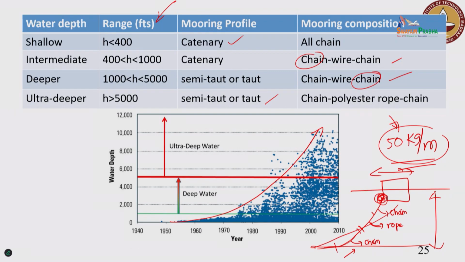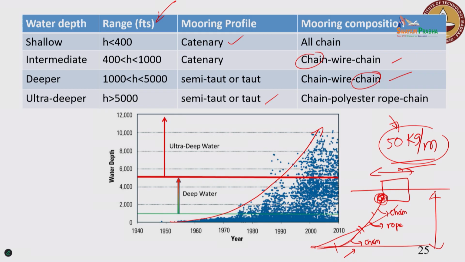Okay. And still we are not sure how much should be the length of chain, how much should be the length of wire rope, right? All these things we don't know. As of now what we understand is that moorings are an integral part of any floating structure, primarily aimed at station keeping, correct? Depending on the water depth, it can be a complete catenary or a chain, wire rope, chain, right?